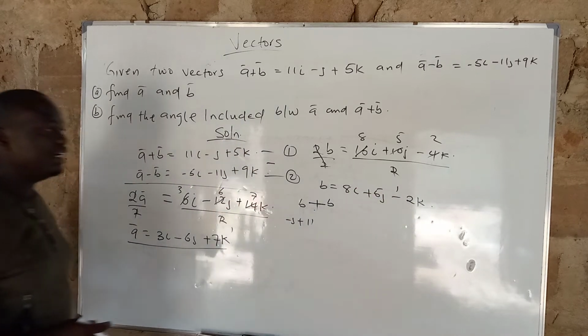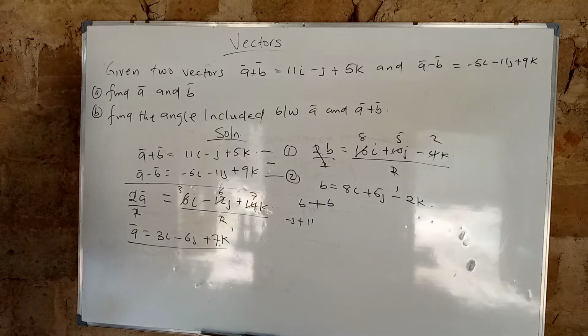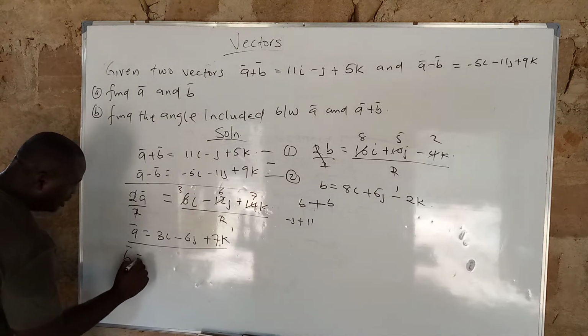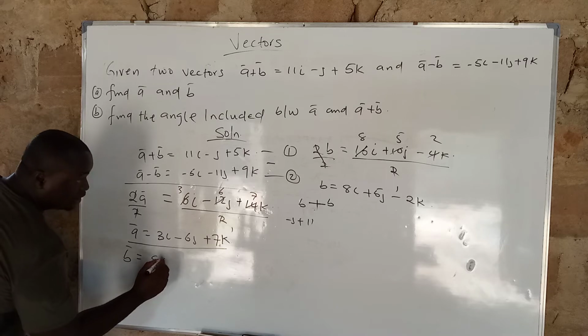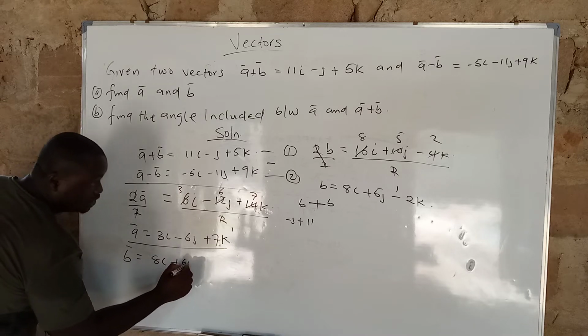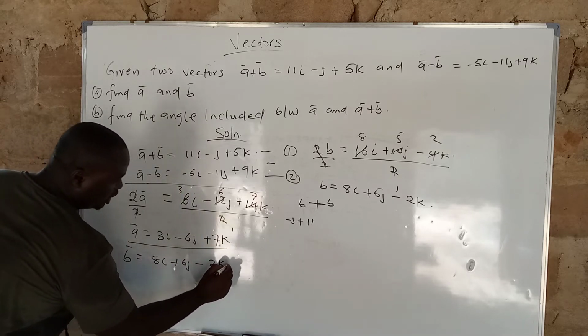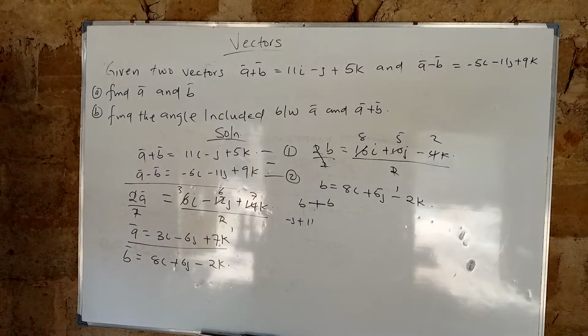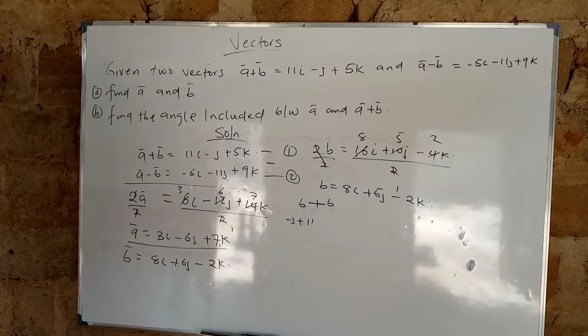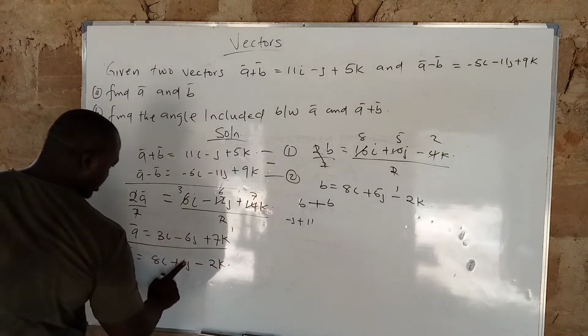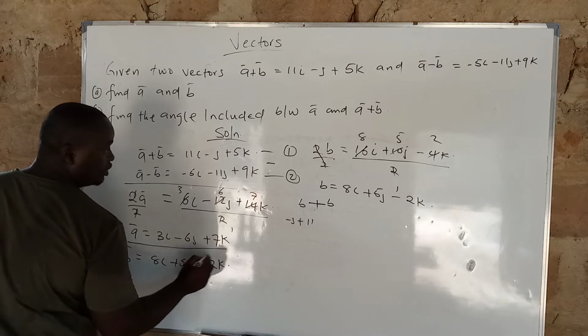So that is your answer for A and B. Let me write it here. Your B is 8I plus 6J minus 2K. That is the answer for B. Now remember, what am I writing, please? This is 5, not 6J. This is 5.